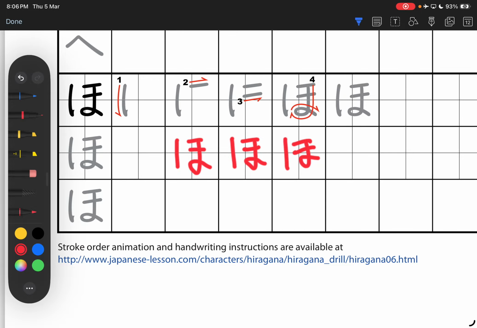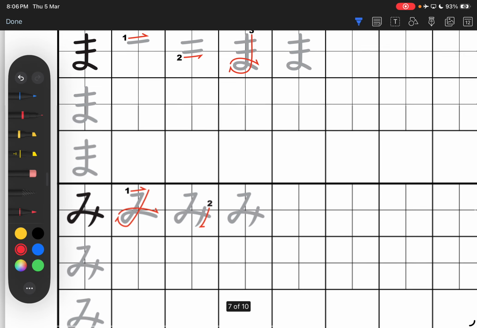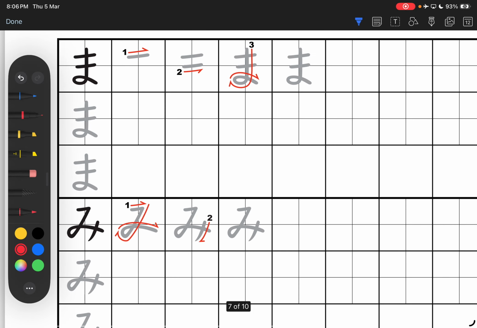Okay, all good. Then we go on to the next page. Okay, ma. Right, so this guy has an equal sign also, and then the long tail. But the difference is the top must go out. Okay, extend the top outwards. So this is ma.